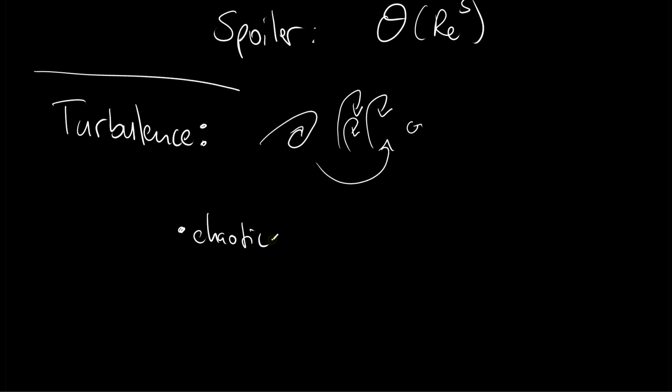This is a mathematical concept, which means that it is highly sensitive to initial conditions. So if we start off our simulation slightly differently, we will end up with a different turbulent state in the long term. But the more problematic is the second point, that it lives in multiple scales.